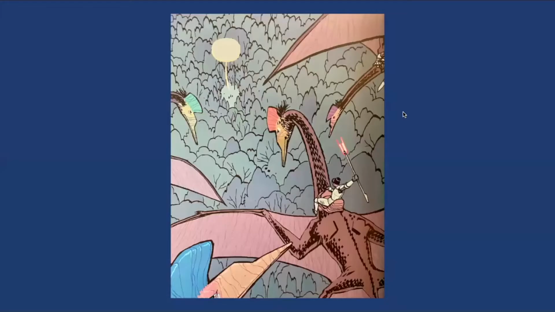So we're going to take a look right here at this image from a comic. Can somebody share with me what you see here in this panel?